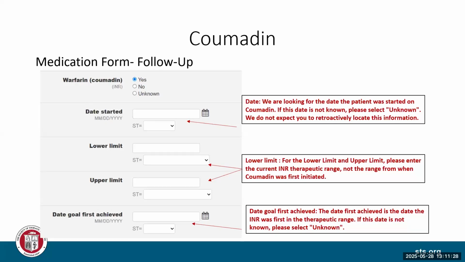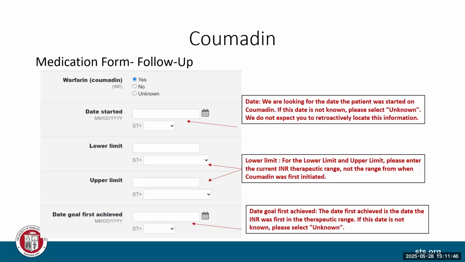Nancy, I may lean on you. I feel like with the wording, the date the goal is first achieved, that would be, well, the goal. Just thinking about this for a minute.